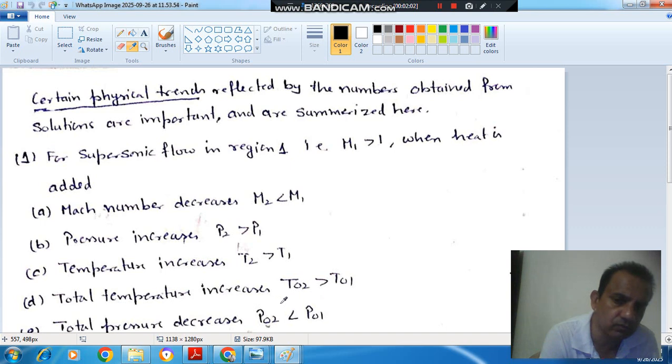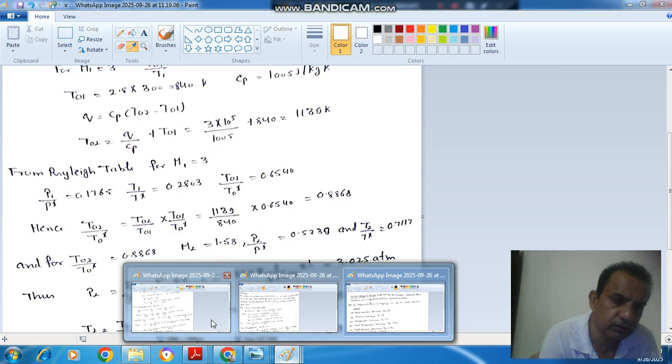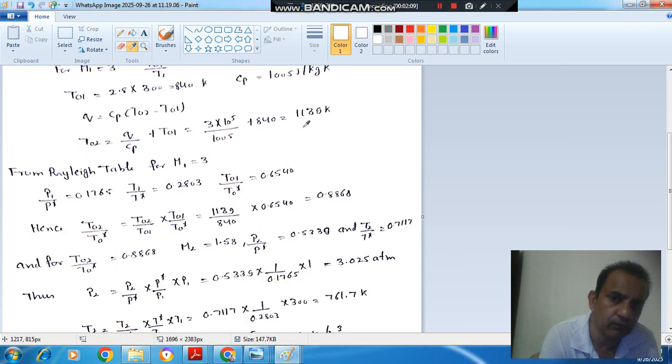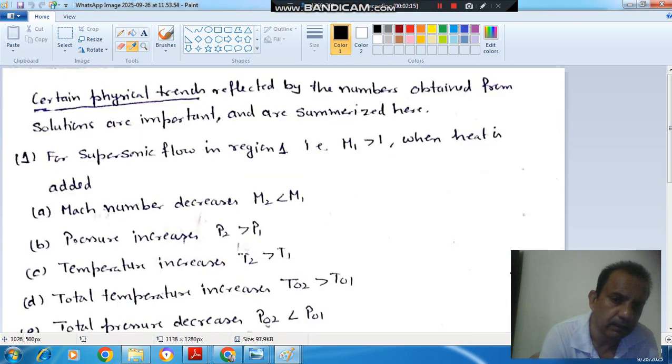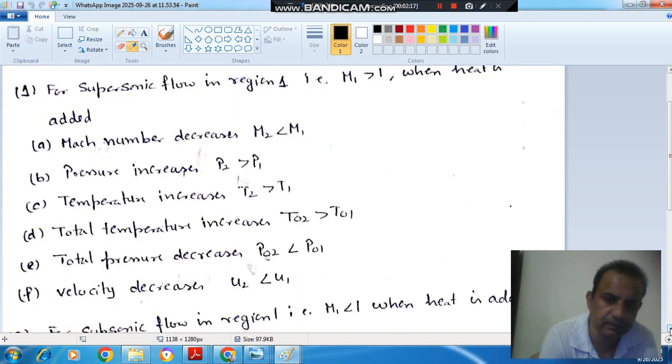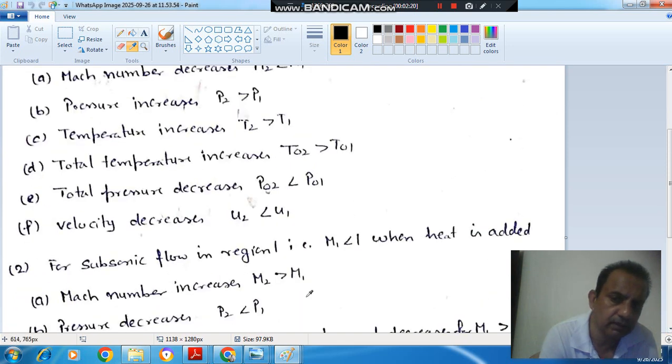Next, total temperature increases. As heat is added, total temperature will increase, and we have got T02 as 1139 and initial T01 was 840. And stagnation pressure decreases, P02 is less than P01.